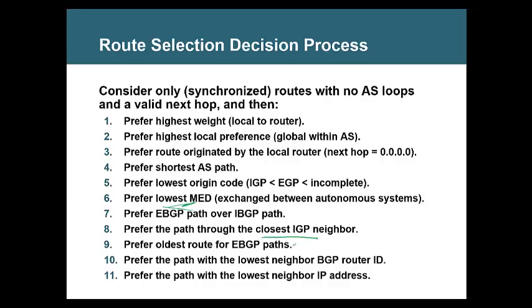How do you know whether it is closest or far away? By the local IGP protocol like the OSPF metric. OSPF metric to reach that IBGP and this IBGP. Which IBGP has got the lowest? Prefers the path through the closest IGP neighbor.